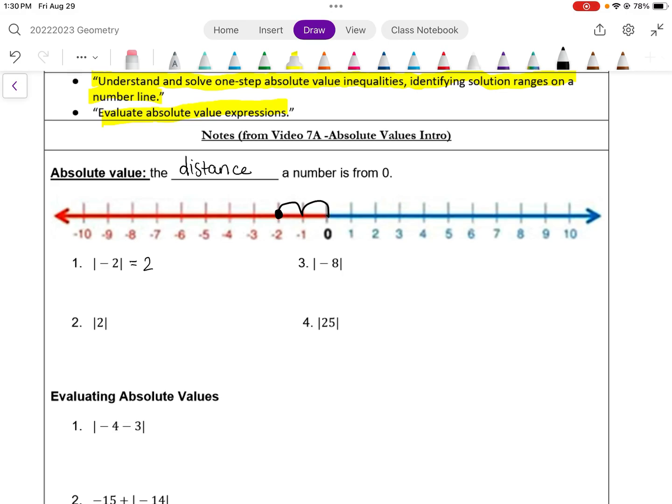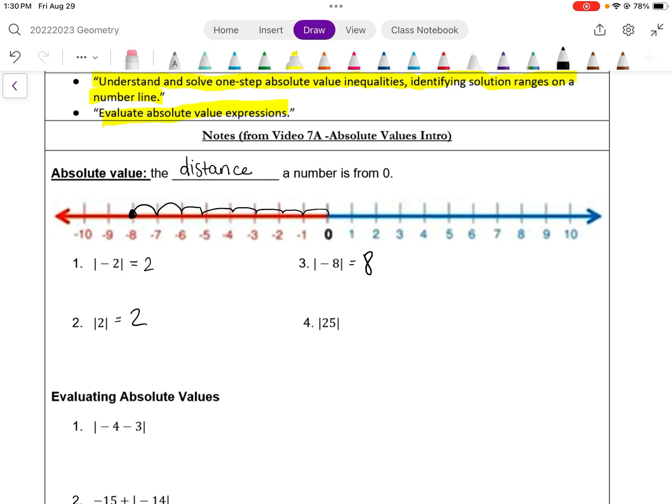Or you could think of it as the absolute value is always just the positive version of that number on the inside. An absolute value can never equal a negative number. So if I have absolute value of negative 8, same thing, negative 8's over here, it is 8 jumps from 0. So negative 8, absolute value is 8.